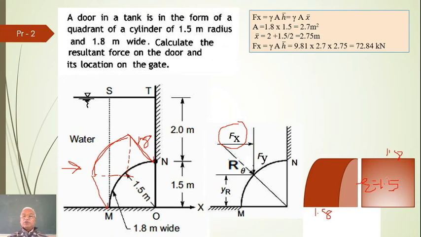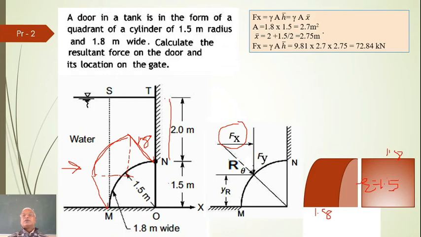h bar is the position of the centroid of this particular rectangle from the free surface. From the free surface, this depth is already 2 meters, and here there is a rectangle of 1.5, so the centroid lies at 2 plus half of the height, 1.5 by 2.